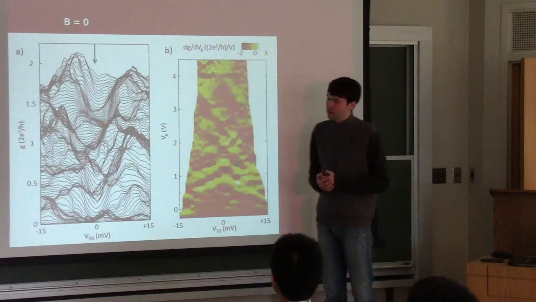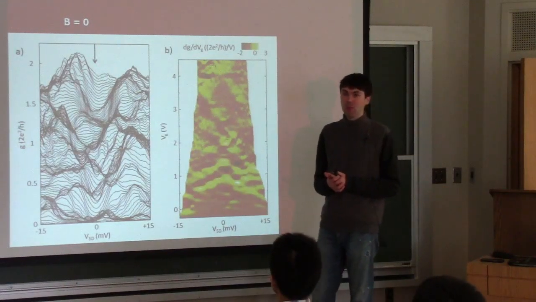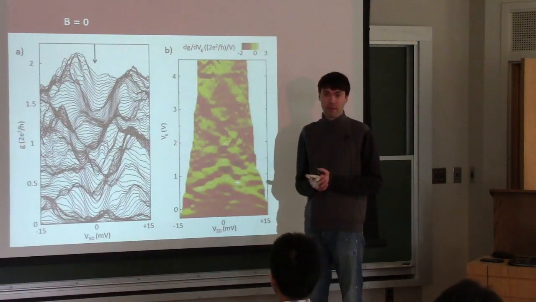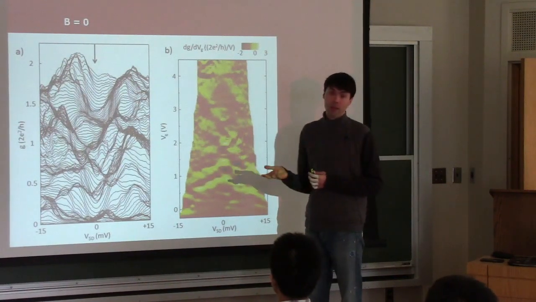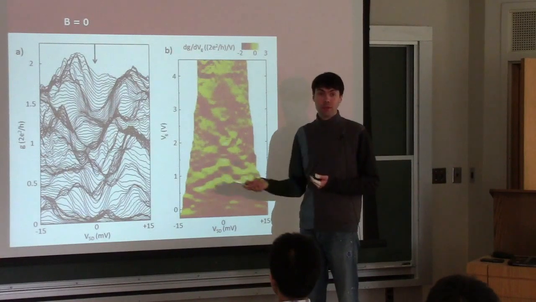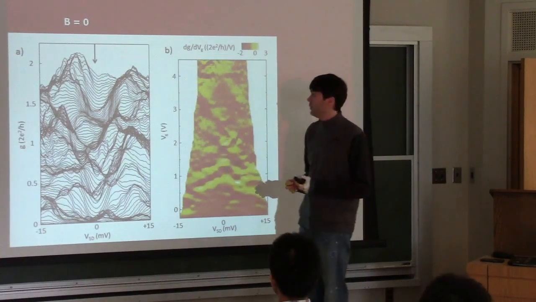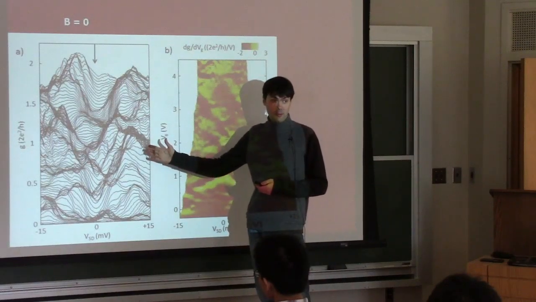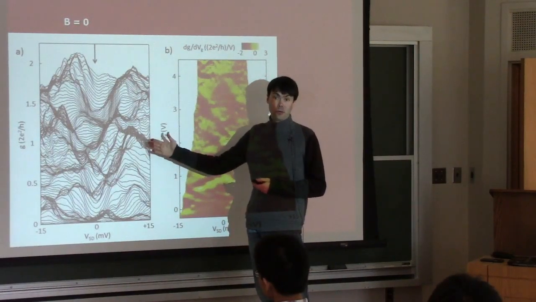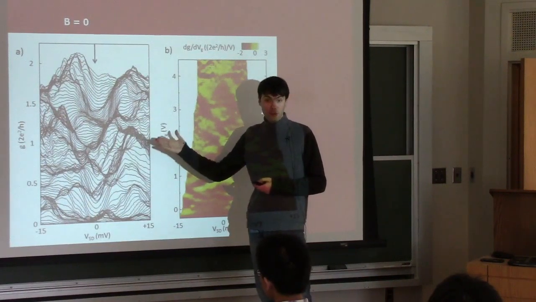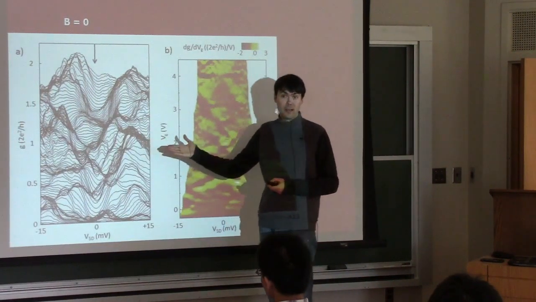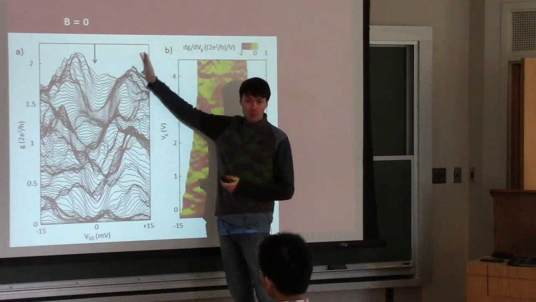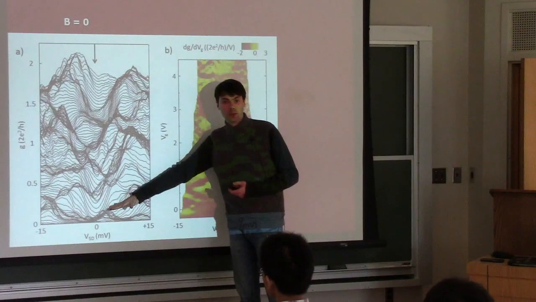Well, here's another example of a waterfall plot, but this one, you can see, is very disordered. So this is data taken on a nanowire, not on a two-dimensional electron gas. At zero magnetic field, it looks like a mess. And this is just to illustrate for you, first of all, how unique and special two-dimensional electron gases in gallium arsenide are, that they can produce these perfectly ordered families of curves that just fall like water.